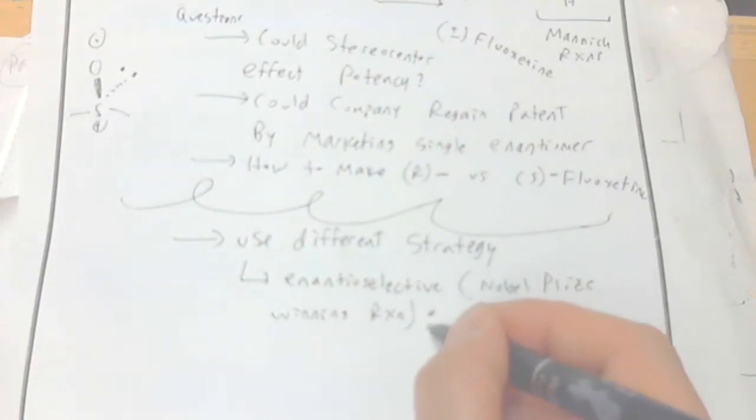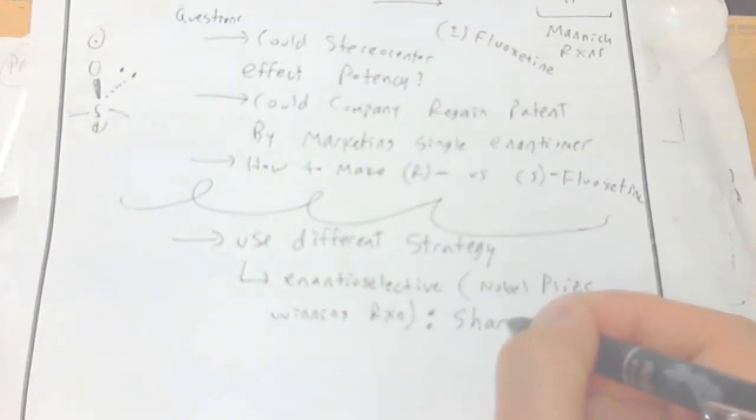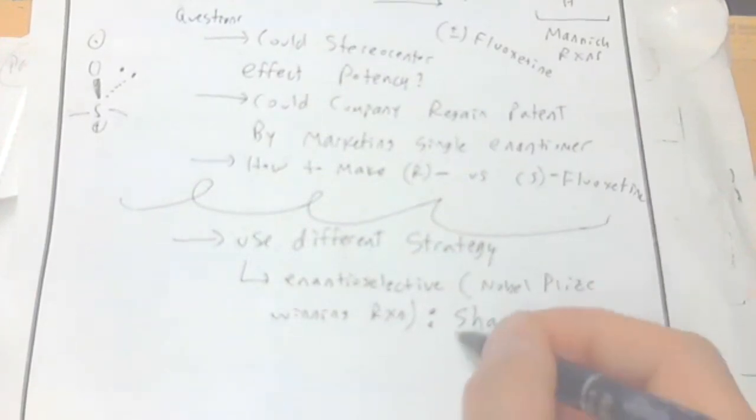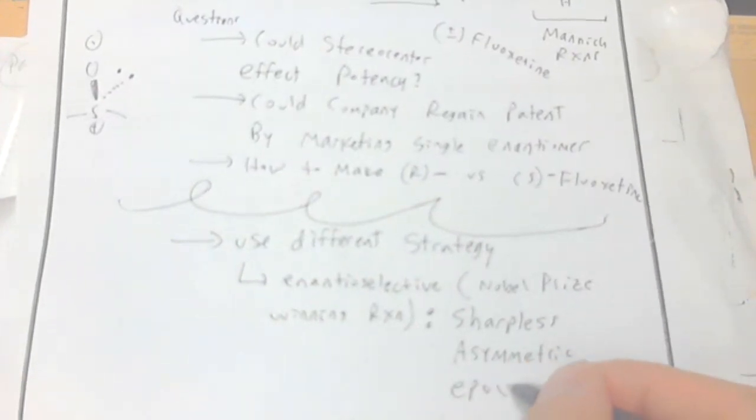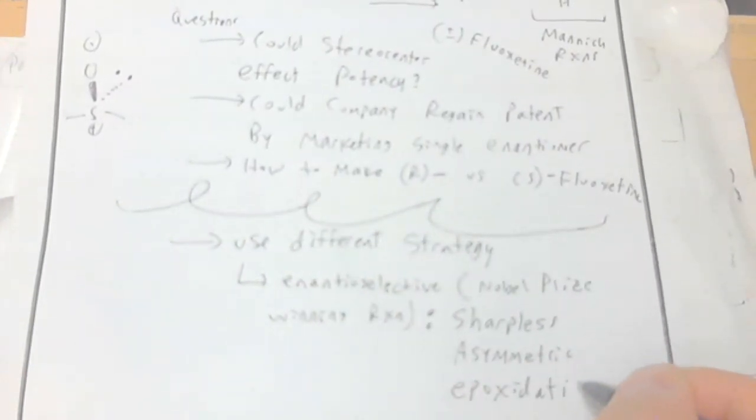The reaction we're going to talk about is called the Sharpless Asymmetric Epoxidation, or SAE.